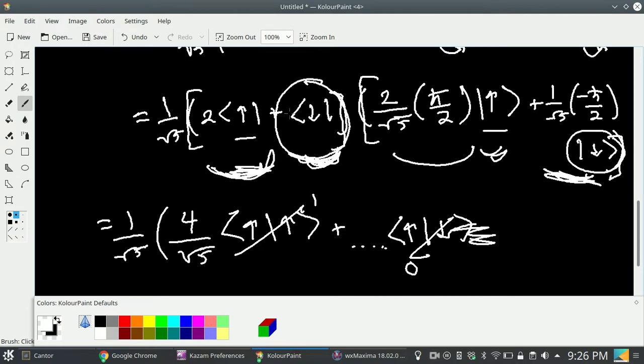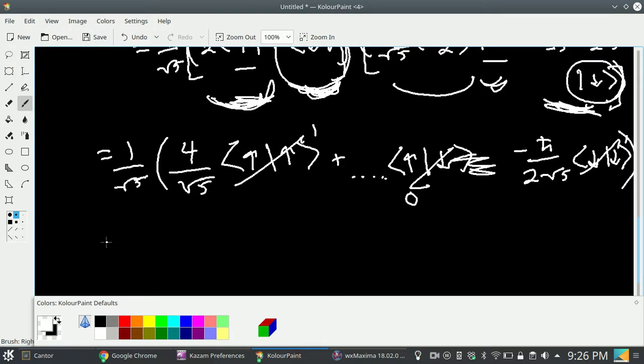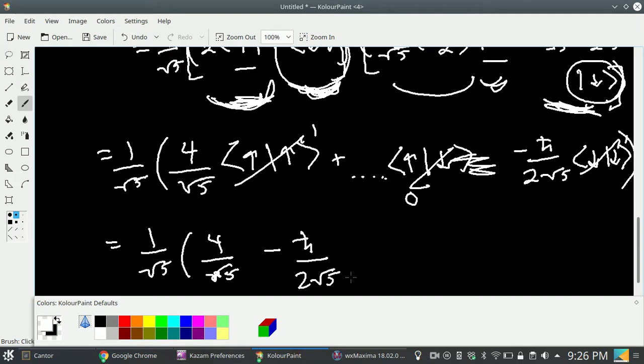That's going to be 1 times negative h bar over 2 root 5, times this guy, which is just 1. So we get 1 over root 5 times 4 over root 5 times 1 minus h bar over 2 root 5 times 1.